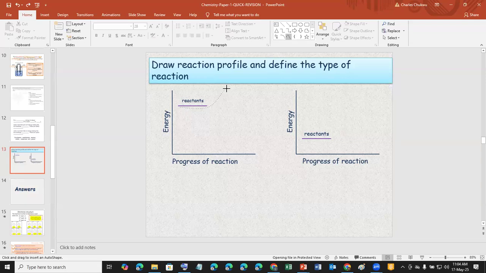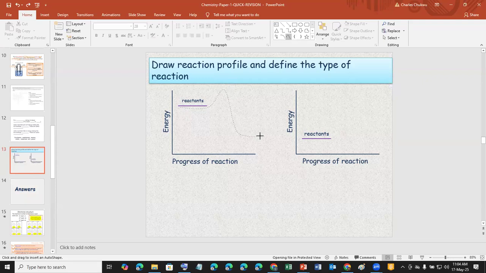Can you see what I'm doing? Yes. Okay, so it's going to drop.